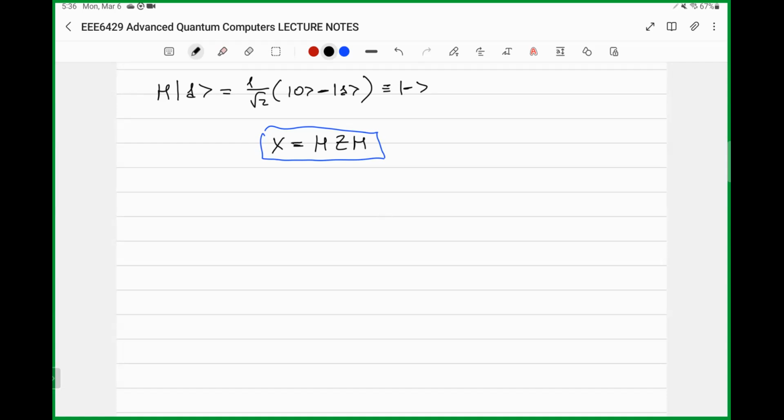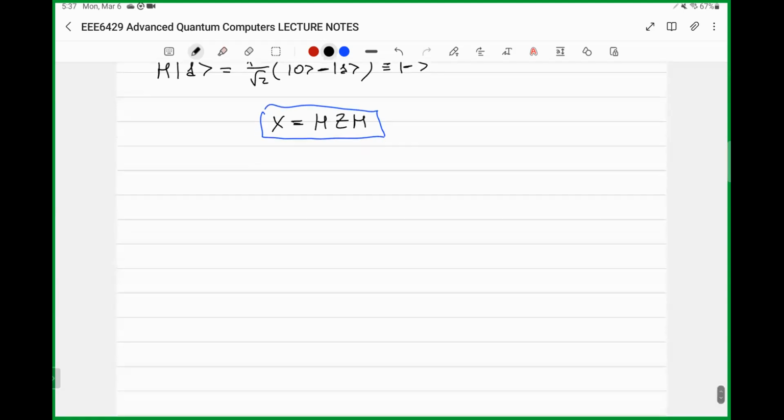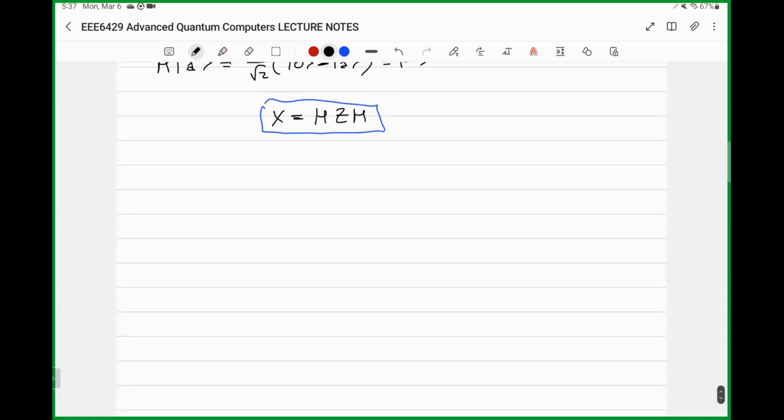So we take our result, transform that result to the Z basis, and then measure it in the Z basis. Or like in this case, we take the result in the basis Z, and then using the Hadamard gate, we transform the result to the basis X, and then do the measurement in this basis X.